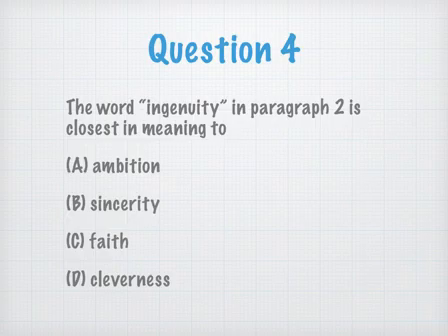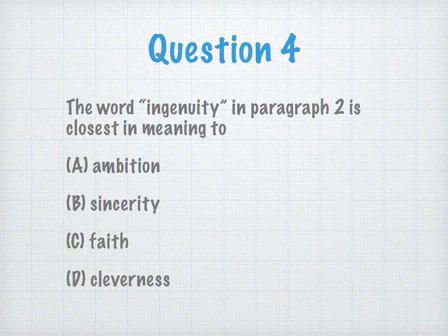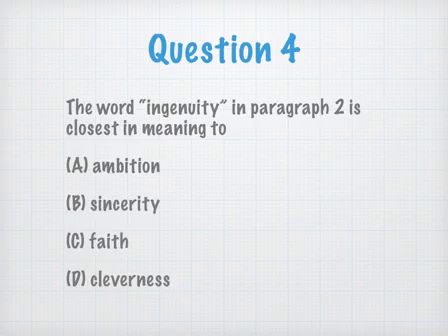Let's have a look at question 4. We're going to leave question 3 for a minute. Now, the word ingenuity in paragraph 2 is closest in meaning to A, ambition, B, sincerity, C, faith, or D, cleverness. Here you can actually see two affixes: the word in and the word ity.